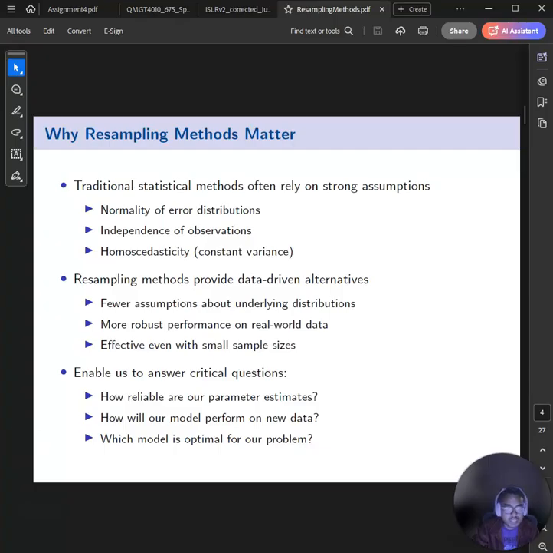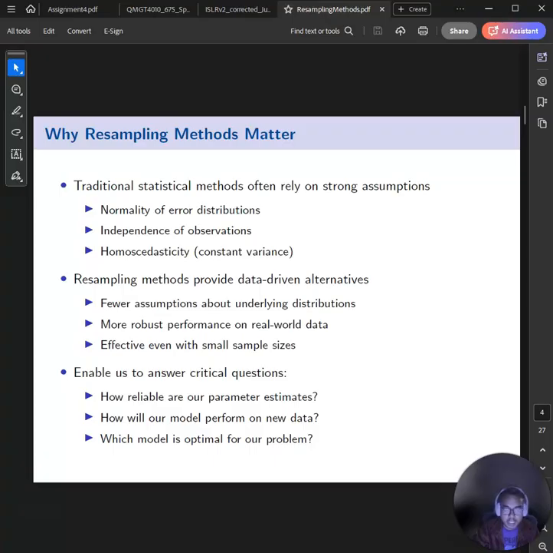So why do resampling methods matter in computational statistics? Traditional statistical methods often rely on strong assumptions about our data, assumptions that may not hold in real-world situations.